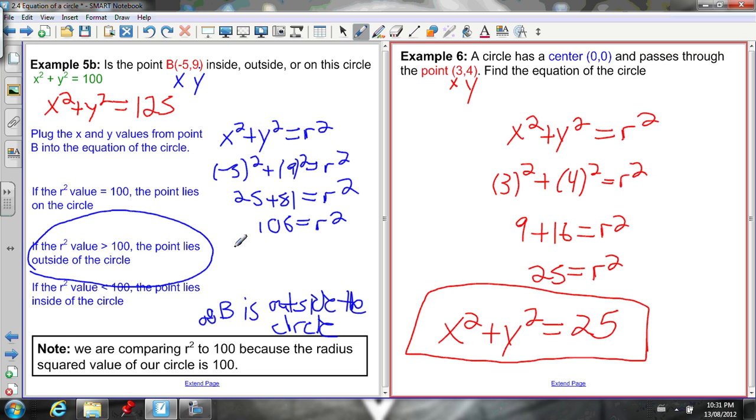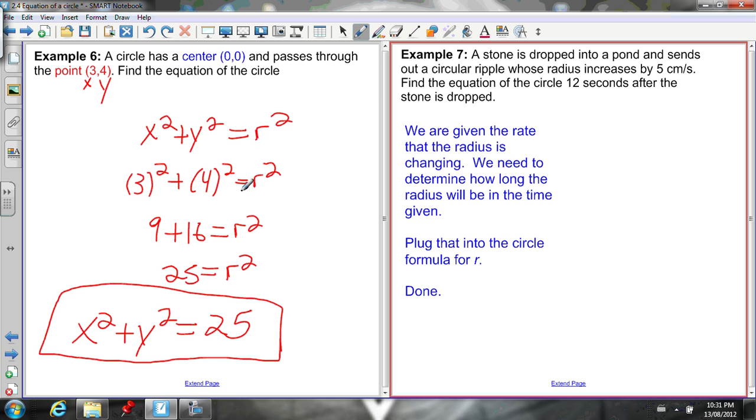Okay? Perfect. Last example. A stone is dropped into a pond and sends out a circular ripple whose radius increases by 5 centimeters a second. Find the equation of the circle 12 seconds after the stone is dropped.